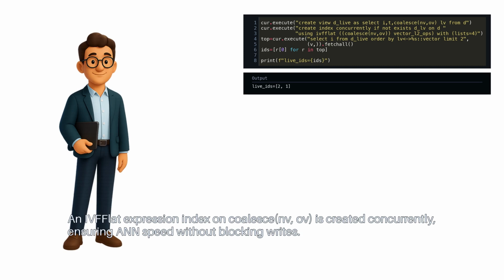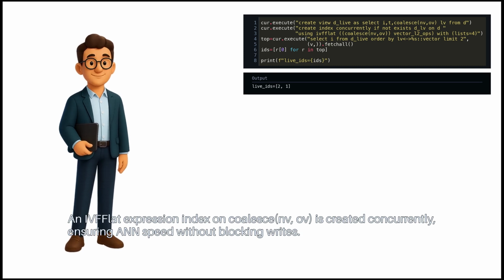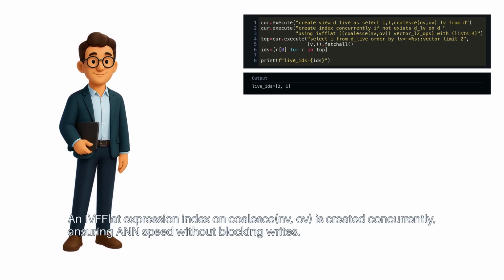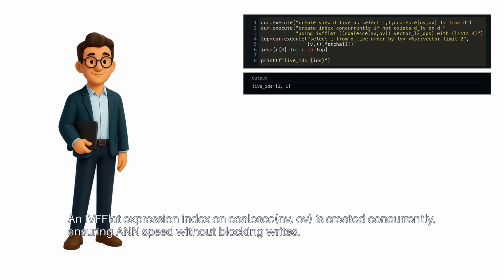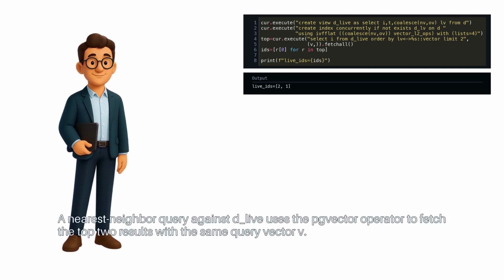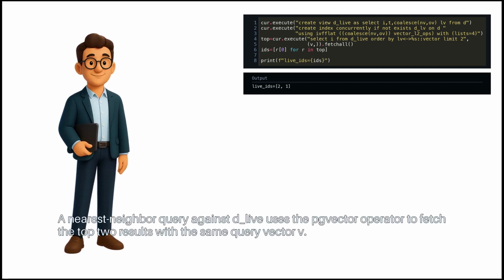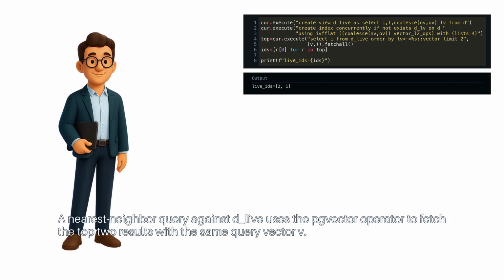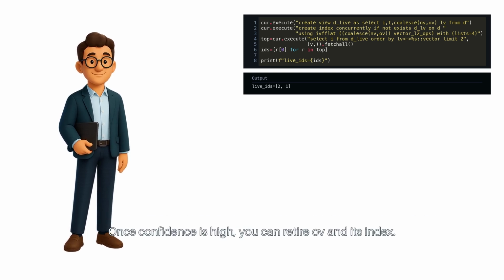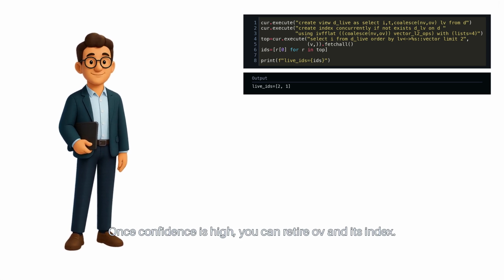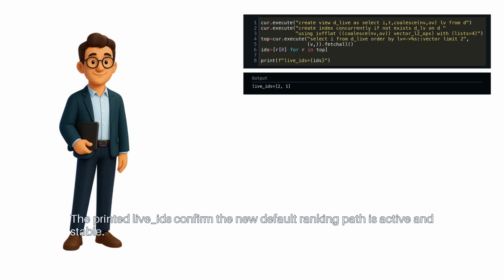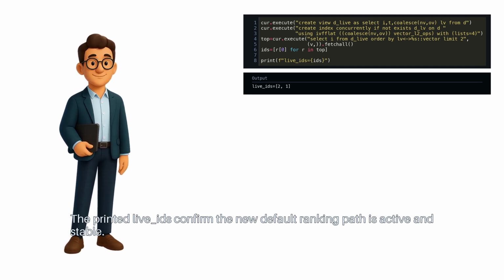An IVFFlat expression index on coalesce NV-OV is created concurrently, ensuring ANN speed without blocking writes. A nearest neighbor query against D-Live uses the pgvector operator to fetch the top two results with the same query vector v. Once confidence is high, you can retire OV and its index. The printed live IDs confirm the new default ranking path is active and stable.